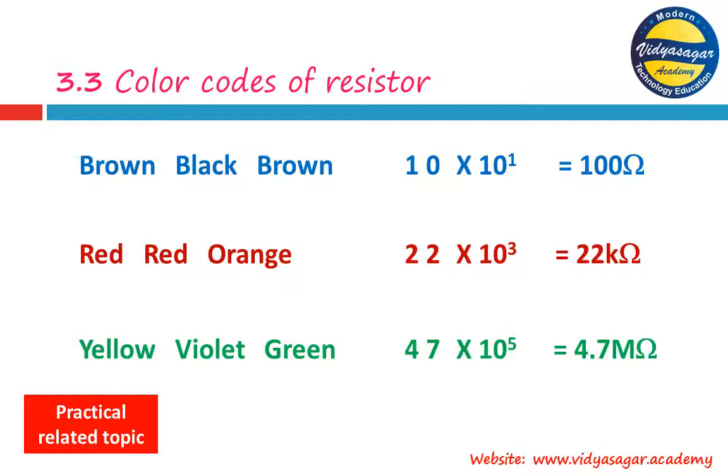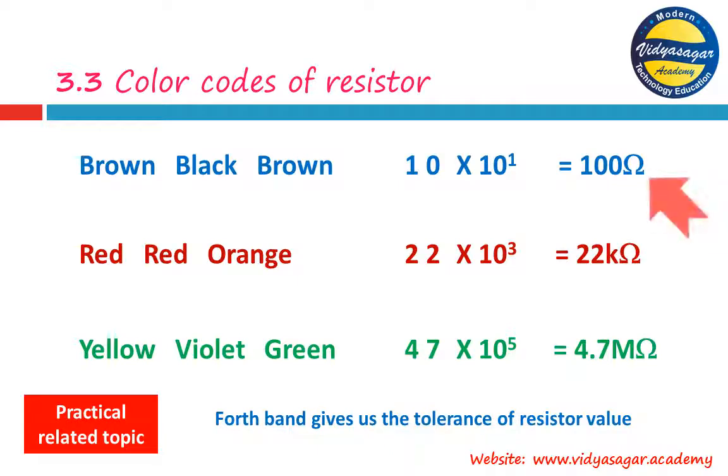Now the fourth band given on the body of the resistor is known as the tolerance band. That tolerance band can be used to find out the manufacturing error that might be present in the resistor. For example, suppose we take this resistor, 100 ohm.